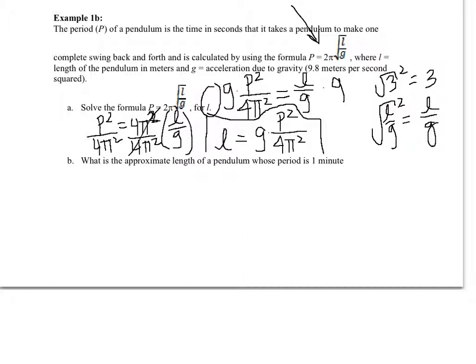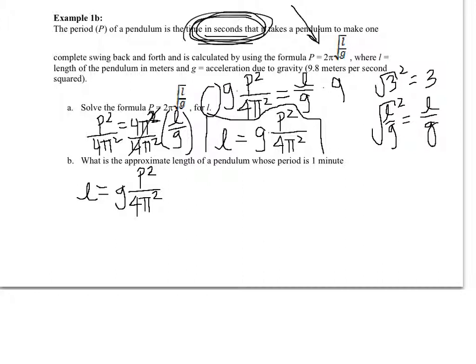So now they want us to use that. What is the approximate length of a pendulum whose period is 1 minute? So they want us to use L equals G times P squared over 4 pi squared. And they say the period is 1 minute. Well, we noticed that it said the period is in seconds. Big flag, period is in seconds.